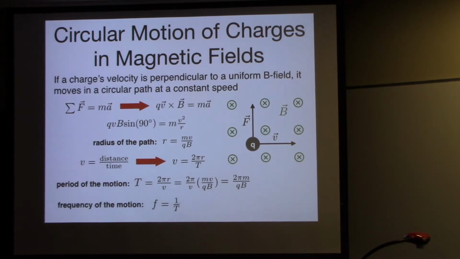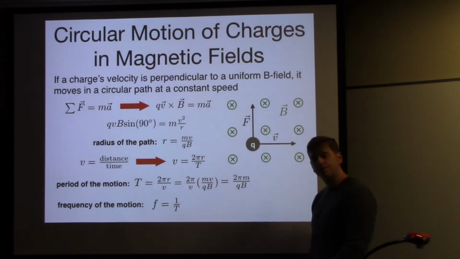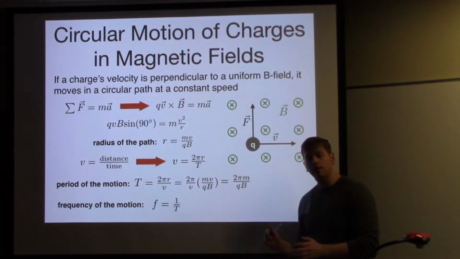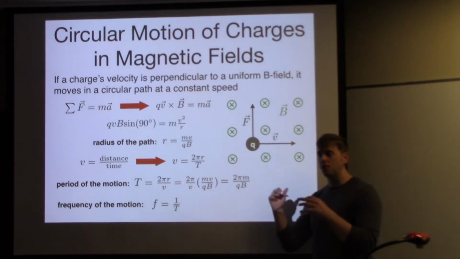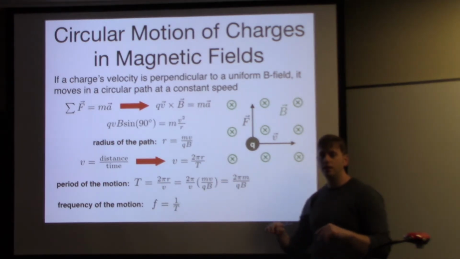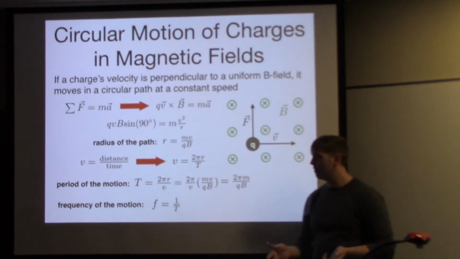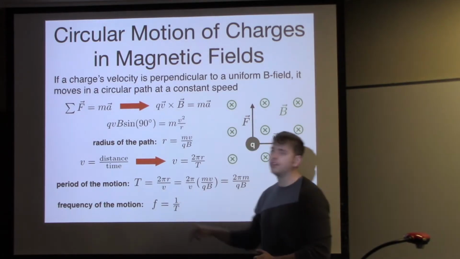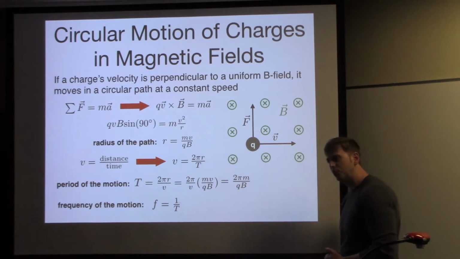And closely related to this idea of period is something called frequency. Now, if we think of period as how much time it takes to complete one full circle, think of frequency as the inverse of that. In other words, think of frequency f as being 1 divided by T. And what does that actually mean?